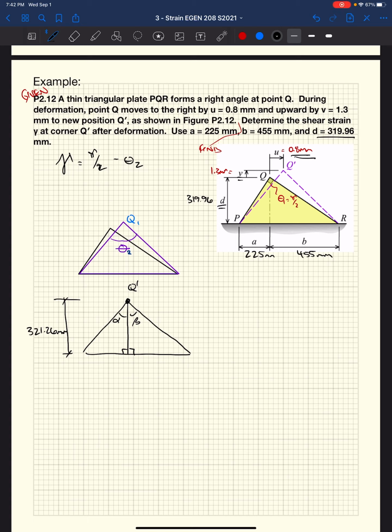So 225.8 millimeters is our distance to center of Q prime. 454.2 millimeters is our distance from Q prime to point R.